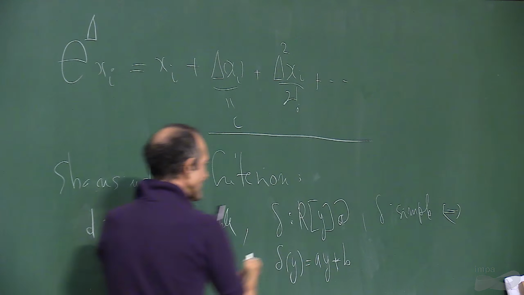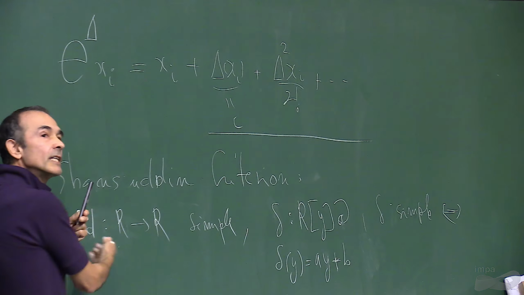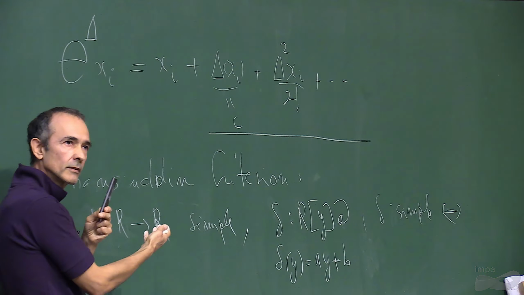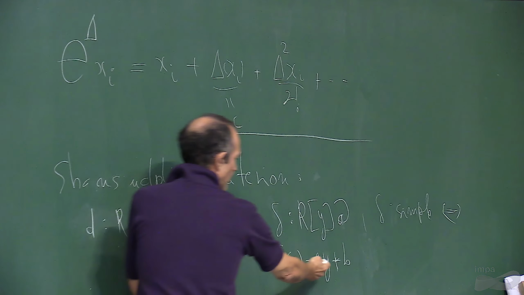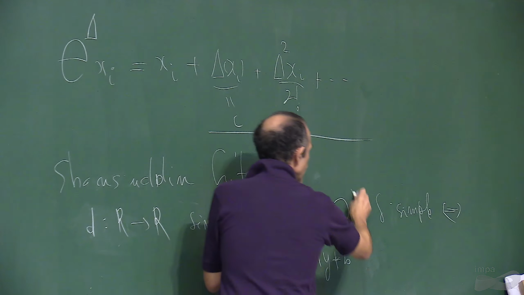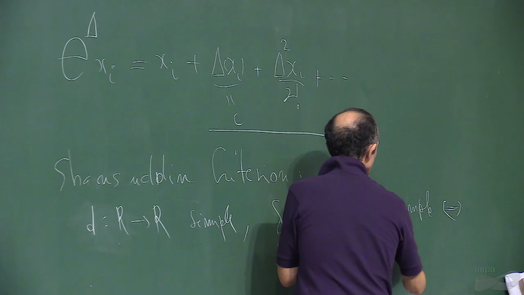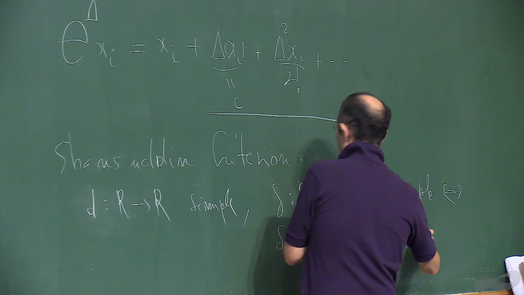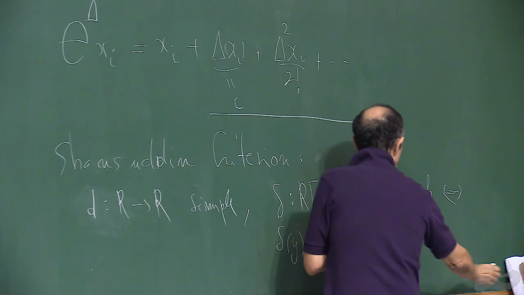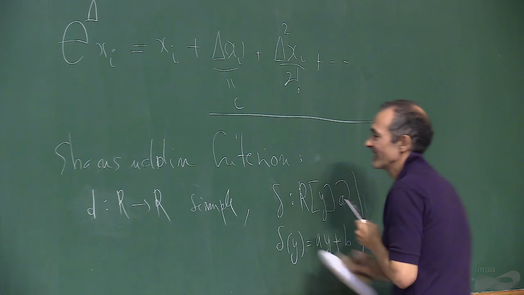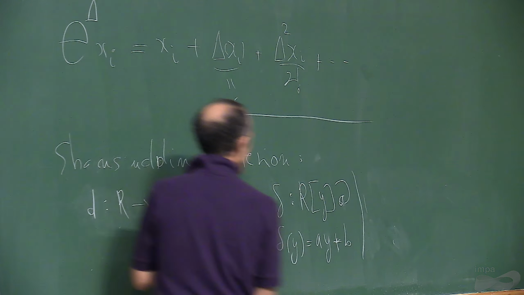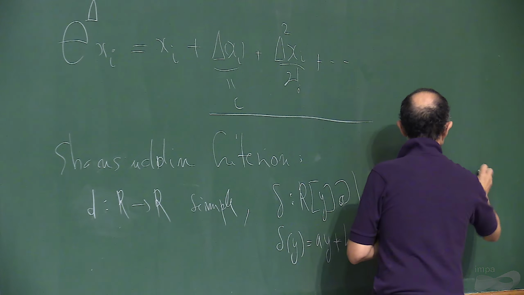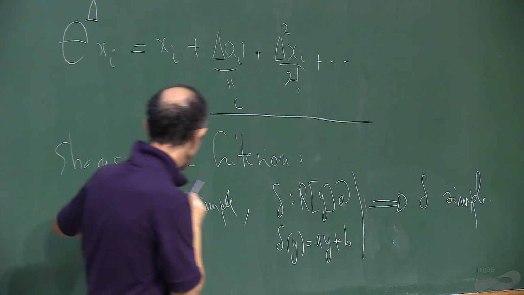Then the extension of D is linear. We extend another variable in a linear form. For these derivations, delta is simple if and only if D is simple. Then the theorem is: D simple, then delta simple. This is the criterion.